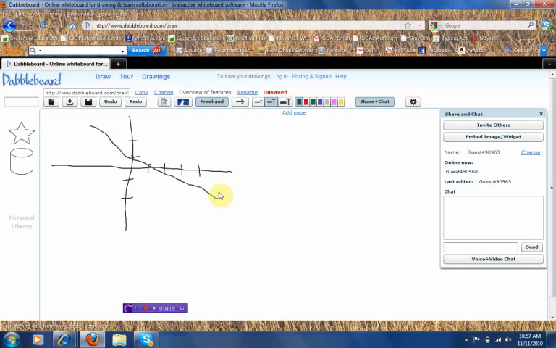Pick another point where it looks like it goes through two, right through the middle of two, an intersection. Or just tell me. Negative 2, 2.